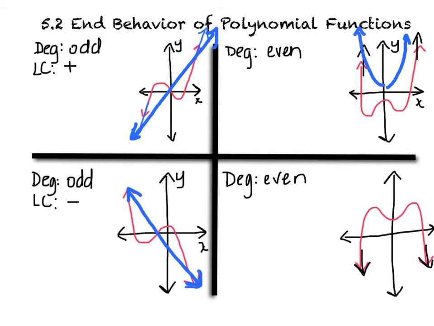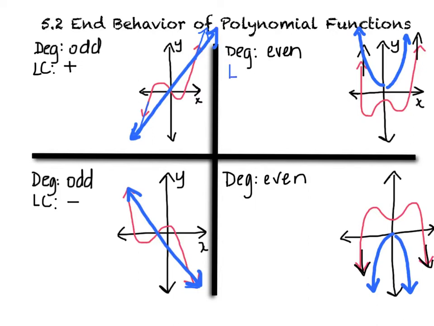So the leading coefficient of this one would be positive. Remember, the parent function, when I put a negative in front of it, reflects over the x-axis. That would be a negative, and therefore that would be a negative leading coefficient.